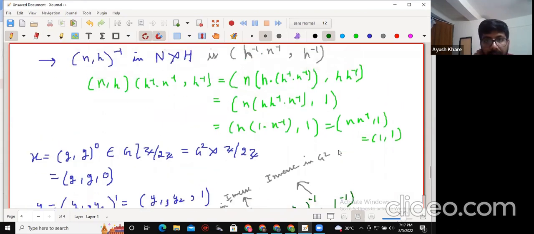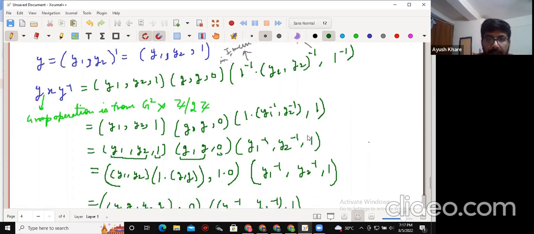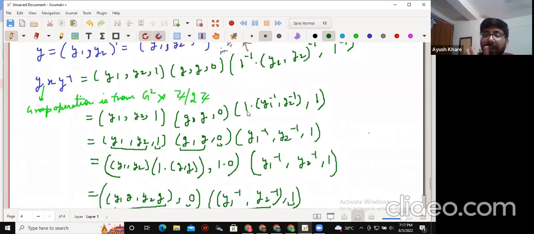Okay, so we put it here. Then 1 inverse is 1 in Z2, and y1 y2 inverse in G is y1 inverse comma y2 inverse, and y1 inverse is again 1. So when 1 acts on it, it gives you again the same y1 inverse y2 inverse comma 1.